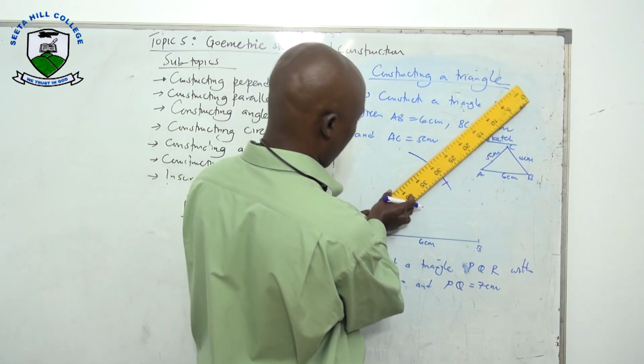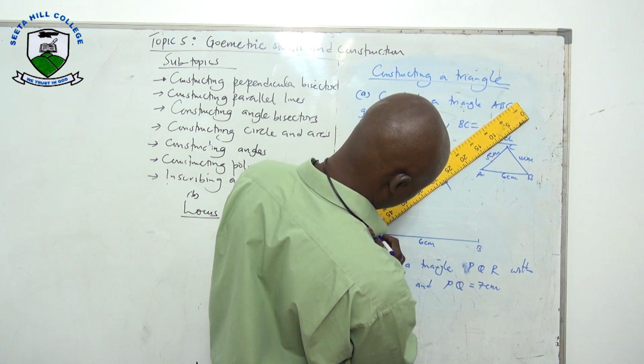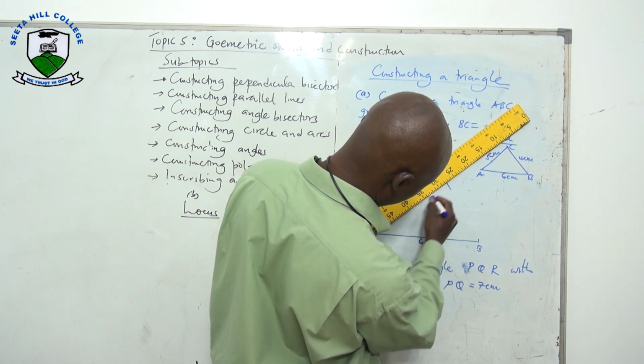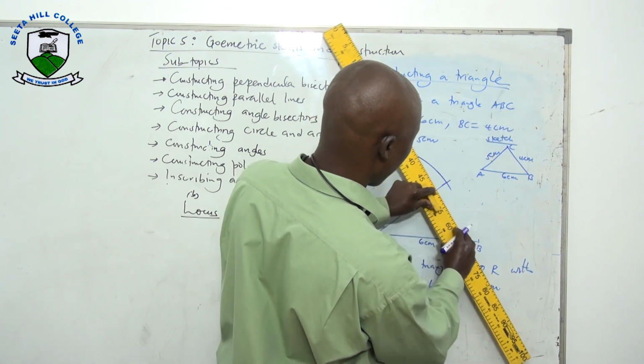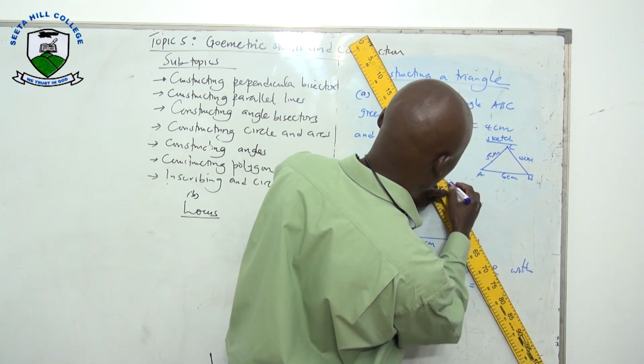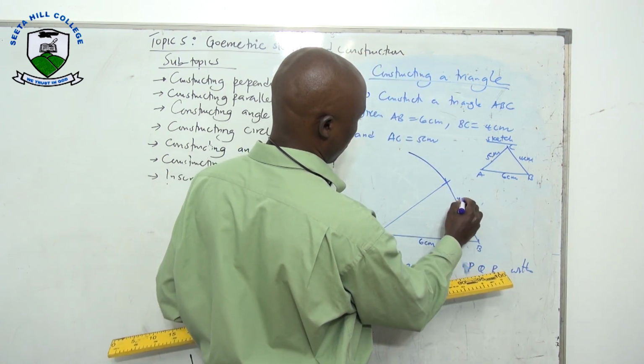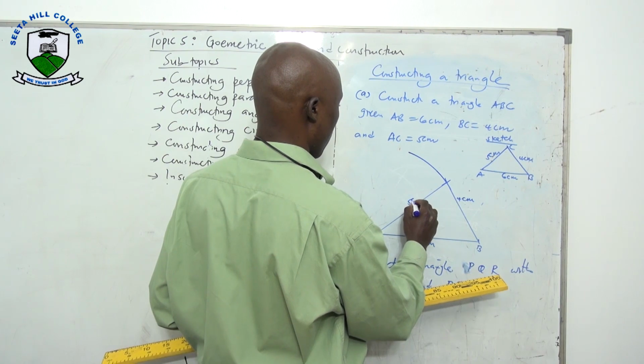That means this is 5, you measured. The arcs, don't rub them. They show that you have done work. This is 4, and this is 5.